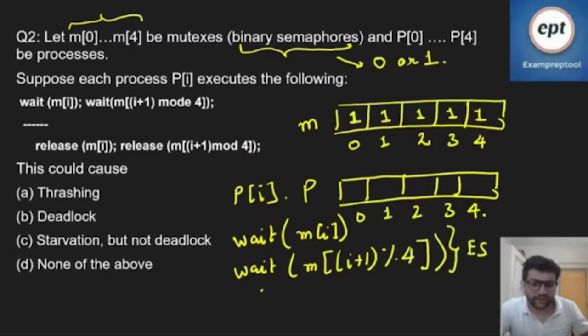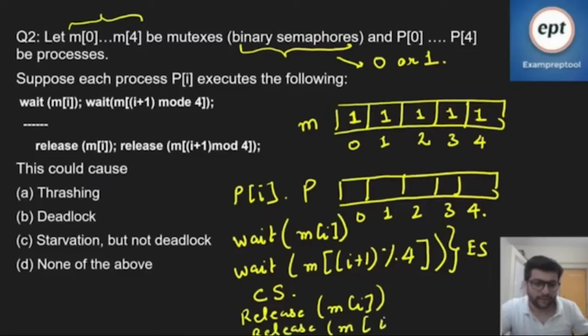Then we have the critical section of the process, and after that we are just releasing these mutexes, mod 4, right?